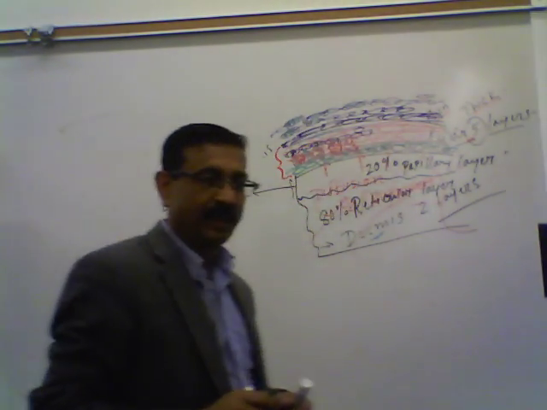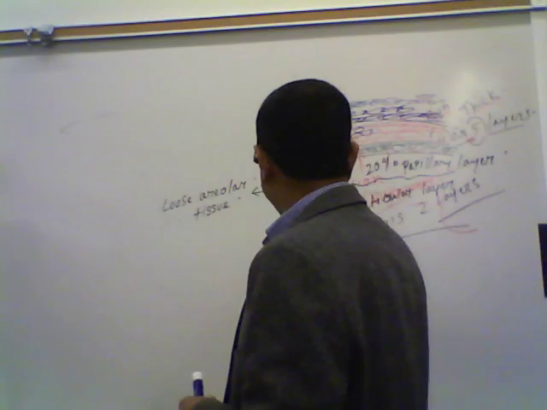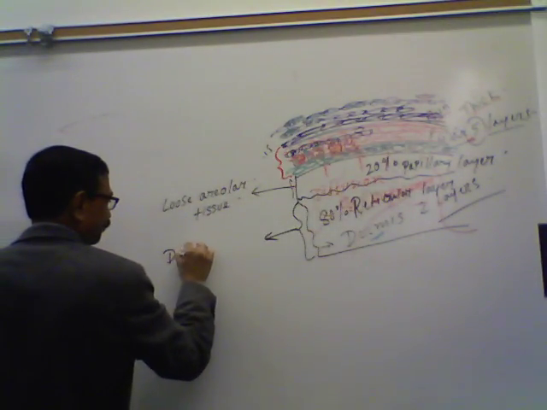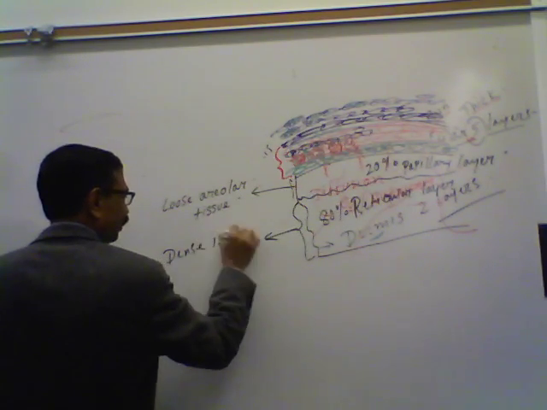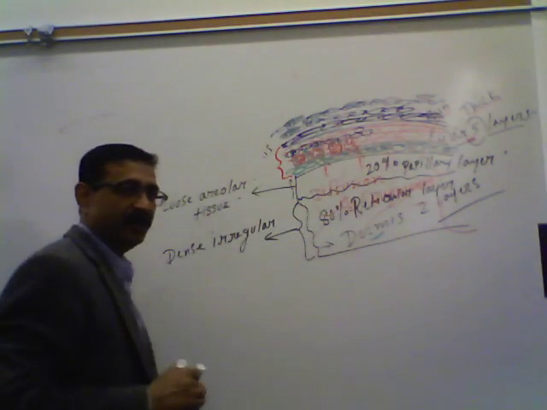So it is soft, loose. And the reticular layer is formed by dense irregular connective tissue.